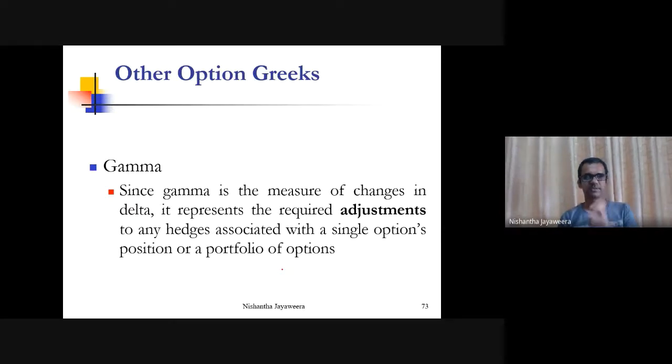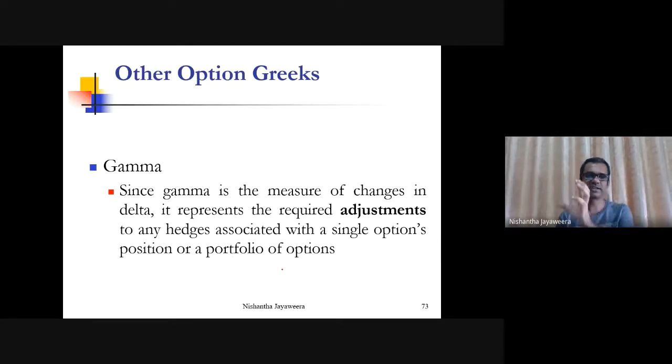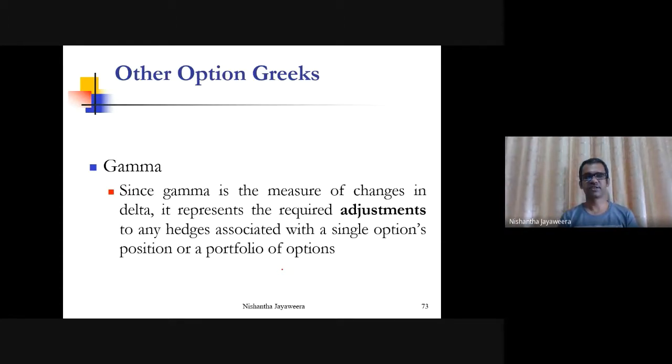So as mentioned, when the spot price changes, delta changes, then the delta hedge won't work. Based on the delta figure, whatever the hedge that we have done will not work because now the delta has changed. So our portfolio has to be rebalanced or do some adjustment. So gamma is used to do that correction, like in convexity.